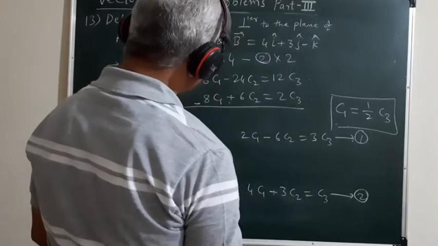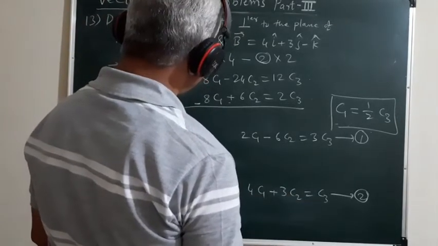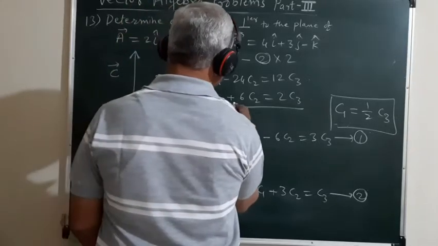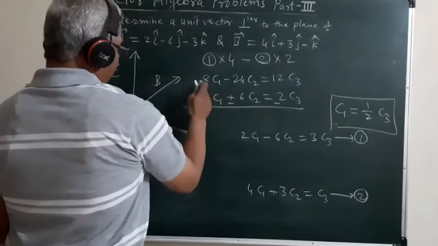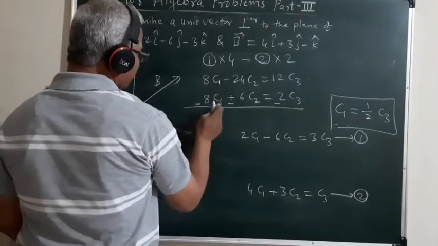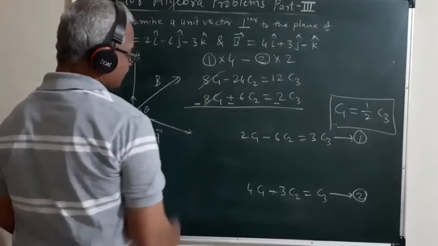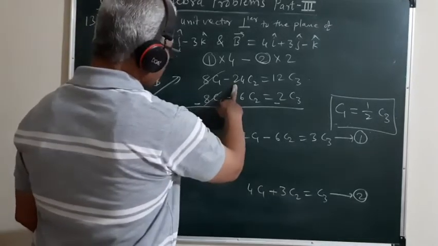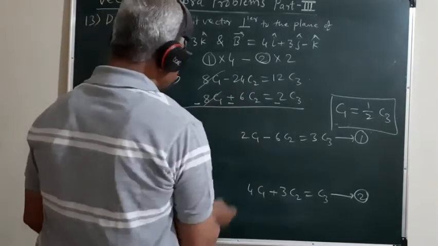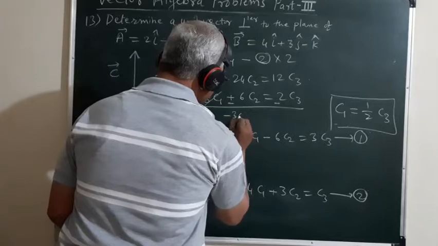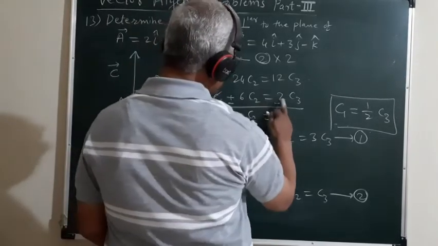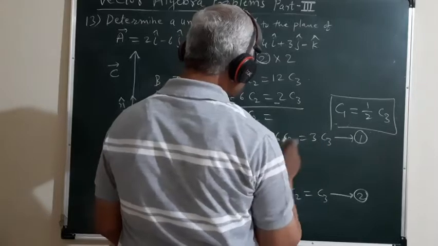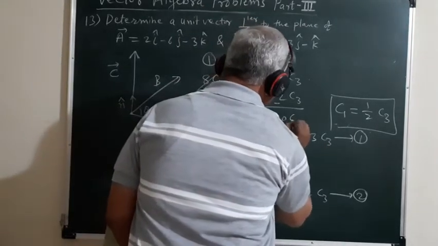So this is minus and this is minus. So plus 8C1 minus 8C1 will get cancelled. This is minus 24C2 minus 6C2 is minus 30C2, which is equal to 12 minus 2, that is 10C3.